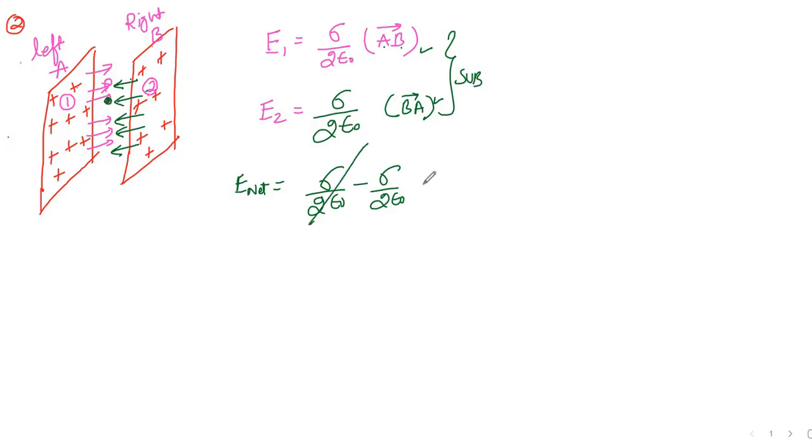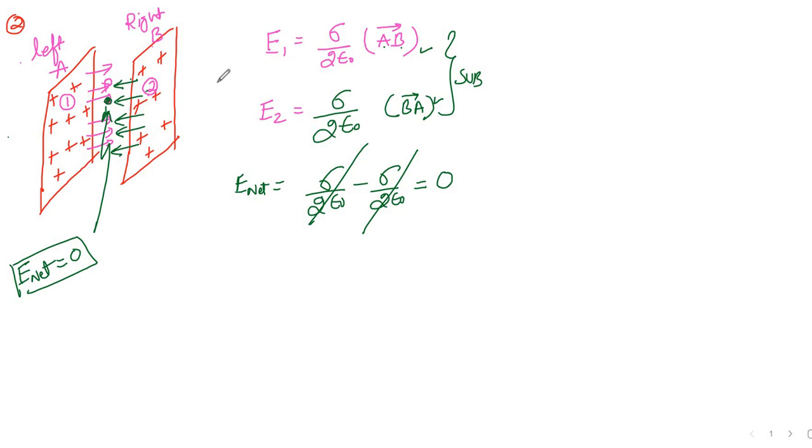Okay, minus. So this will cancel. So I hope you understood why we are subtracting. Because they are in opposite directions. One is in the right direction, one is in the left. So at this point, the net electric field will be 0 if both sheets are positively charged.